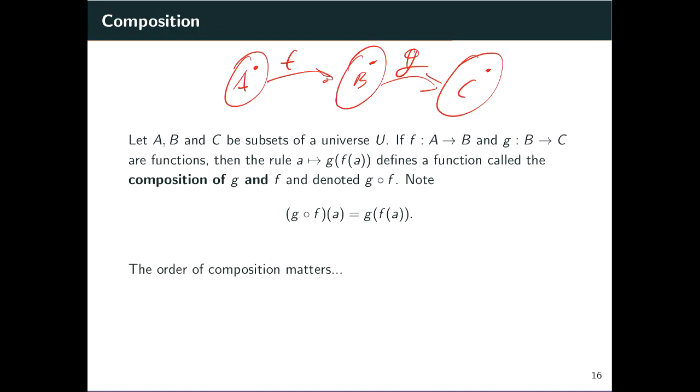So we can just rewrite this as A to C instead. One thing to note is, I guess, this B and this B maybe don't need to be quite the same if you want to compose functions, because maybe the function f doesn't map to all of B. You just need to make sure that g is mapping from something that contains the range of f.